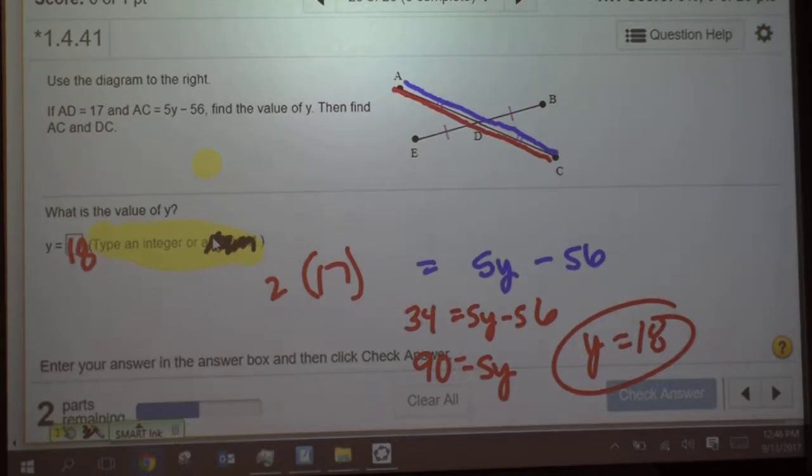Because what have they done? They've already done the problem, so they already know the answer. They're telling you what kind of numbers those answers are showing up as. So pay attention to that kind of stuff. If it says type as an integer or a decimal, and I get a fraction back, you have to convert that fraction to a decimal.